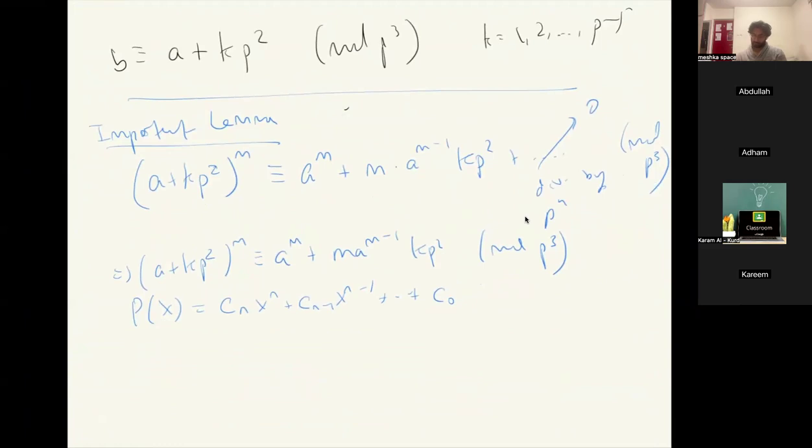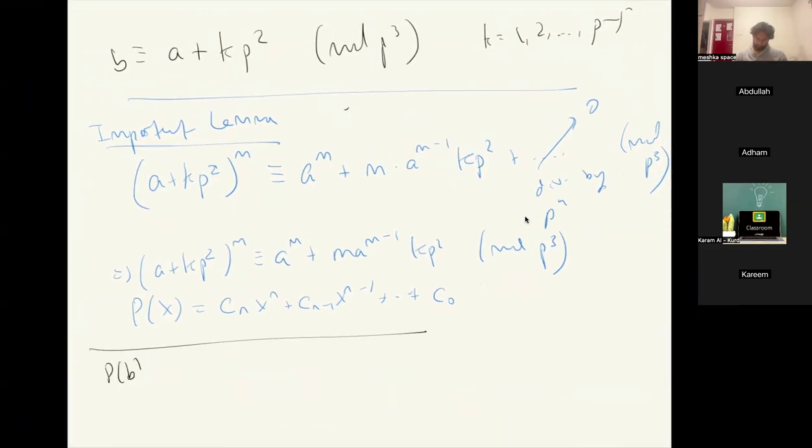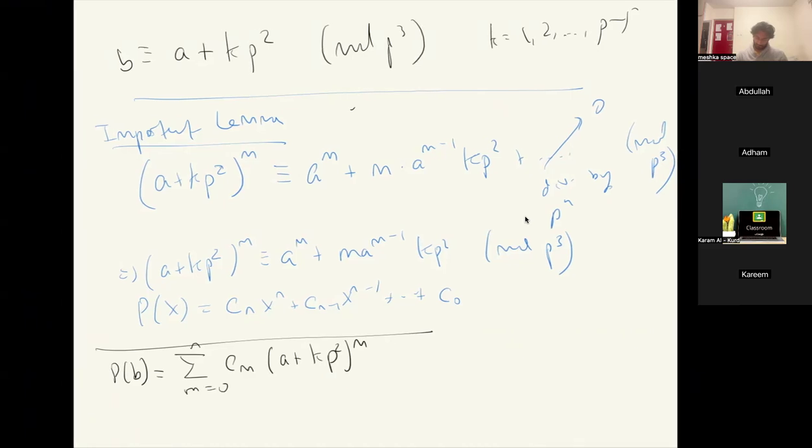Now if we go back to the problem, we want to understand the difference between P of A and P of B. When we look at P of B, let's write it as a summation: the sum over m from 0 to n of Cm times A plus KP squared to the m.